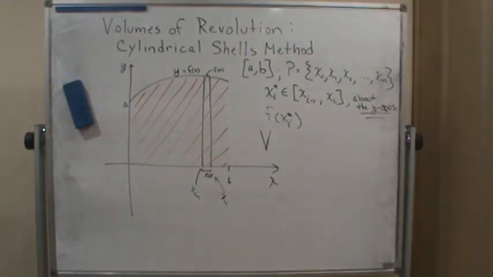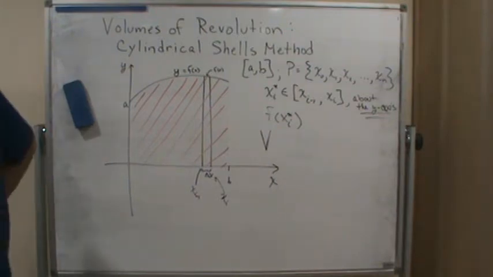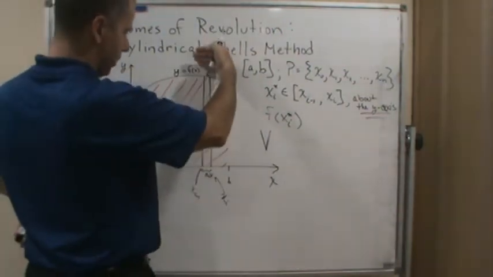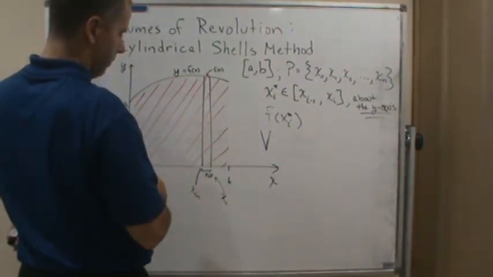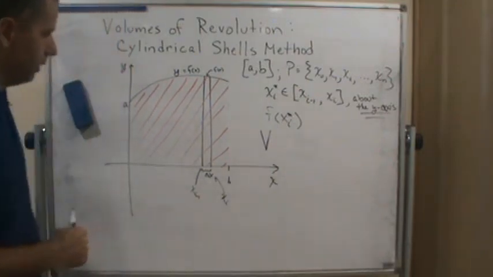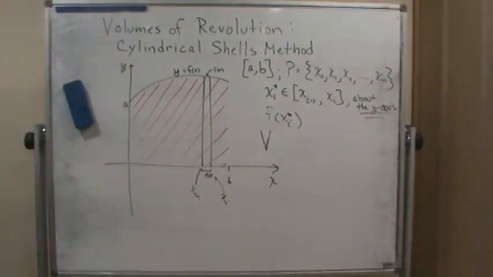If we look at the cross section, the shell is a cylinder, so the volume is the cross-sectional area multiplied by the height of the cylinder. So the cross-sectional area times the height.